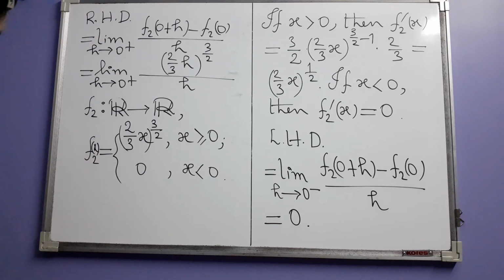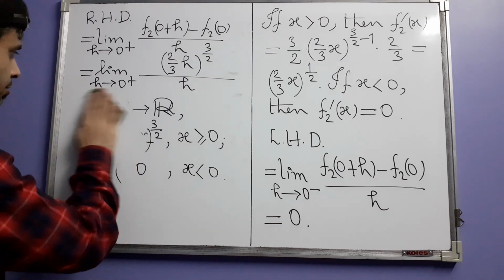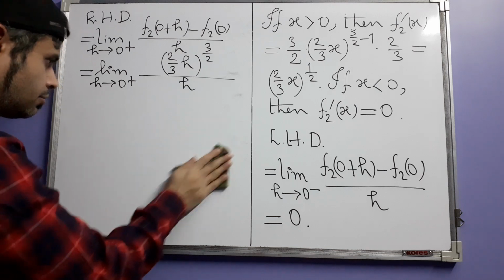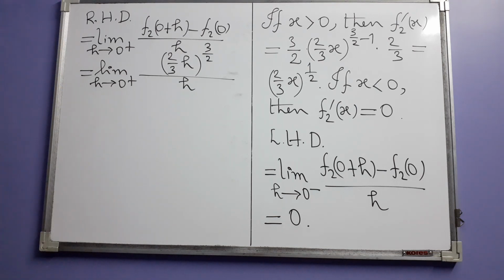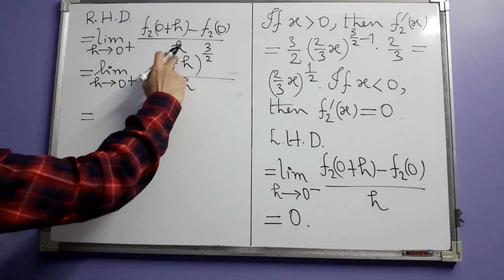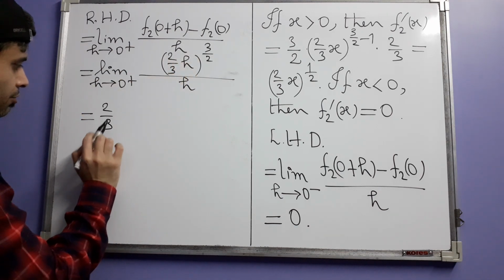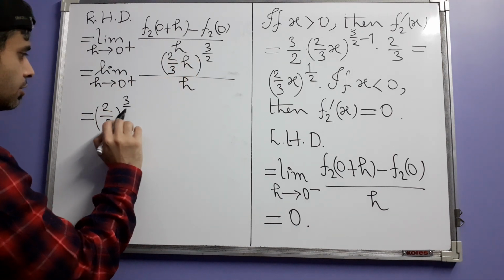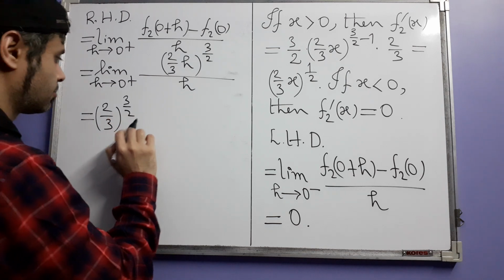Yeah, the function definition of course we know, we can recall. So let me wipe this place off. So you can of course take 2 over 3 to the power 3 over 2 outside.